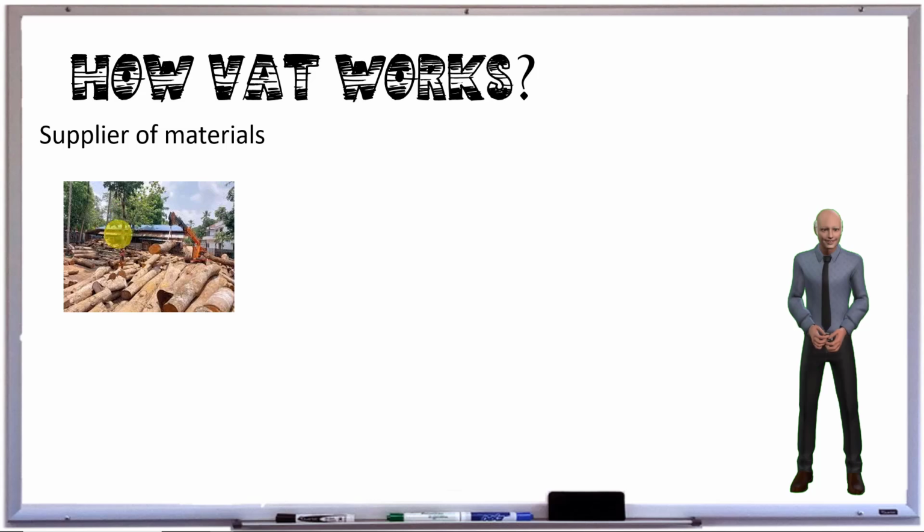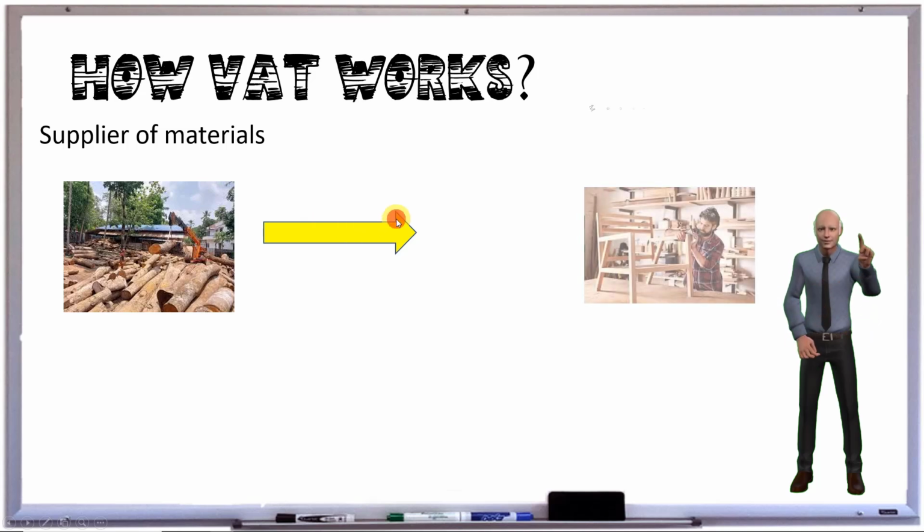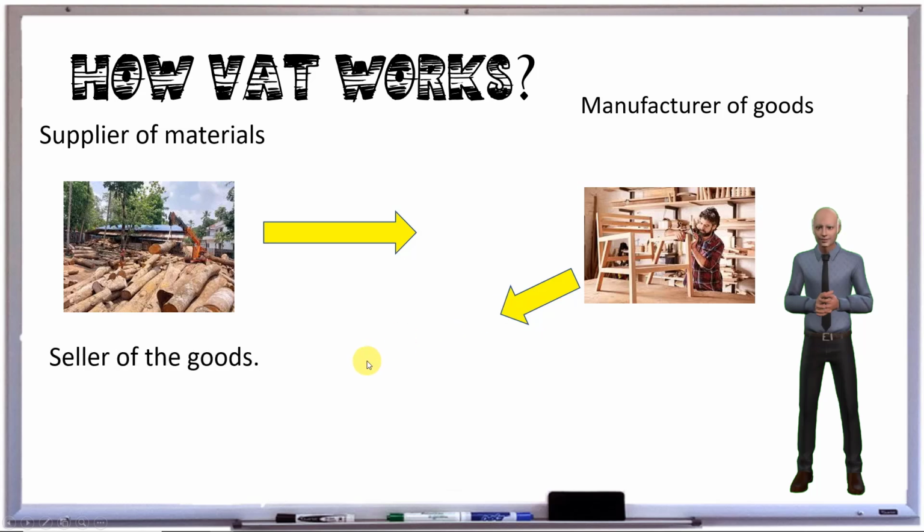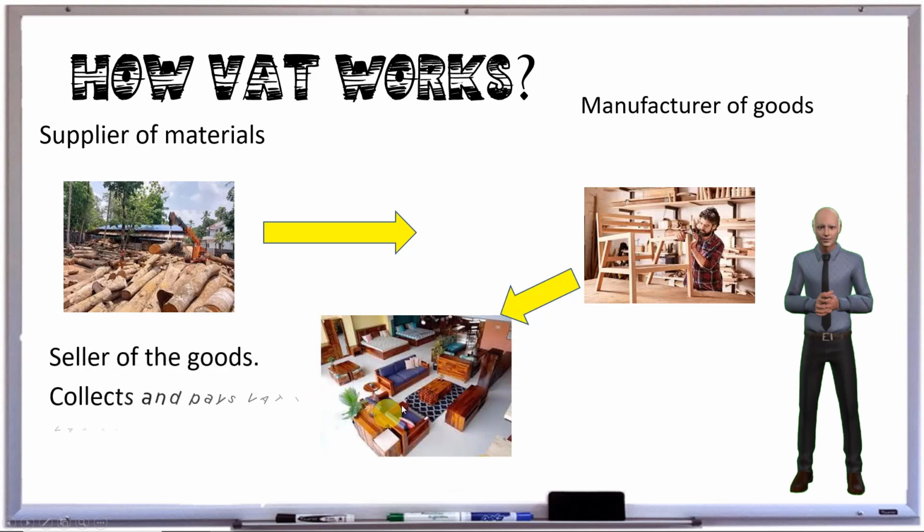So this guy's cutting the trees down, cutting the trees into planks that he can sell again to a manufacturer, right? And of course, the manufacturer of the goods makes all the goods, the chairs, the tables, etc. And then he supplies it again over to the seller, right? And the seller collects VAT paid on the goods.